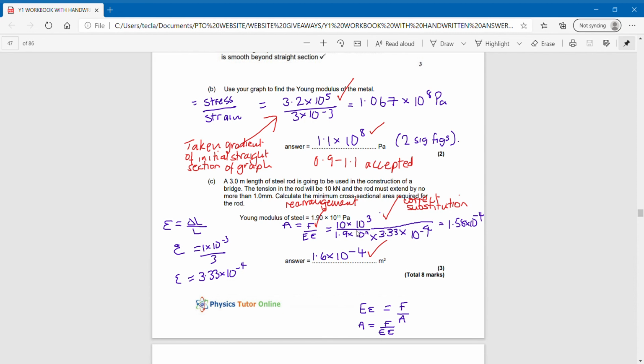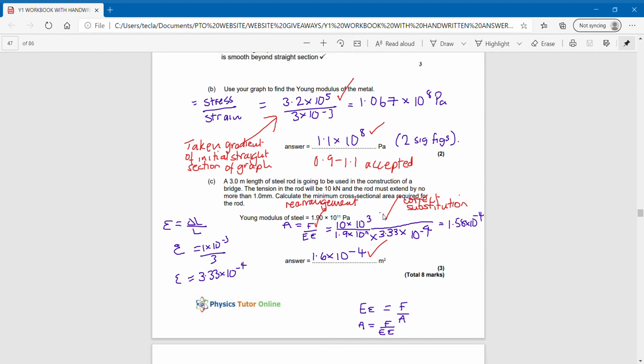So force 10 times 10 to the 3, that's our 10 kilonewtons, divided by Young modulus, which we're given 1.9 times 10 to the 11, multiplied by the strain value we calculated, 3.33 times 10 to the minus 4, gives 1.58 times 10 to the minus 4, which is 1.6 times 10 to the minus 4 meters squared to 2 sig fig.